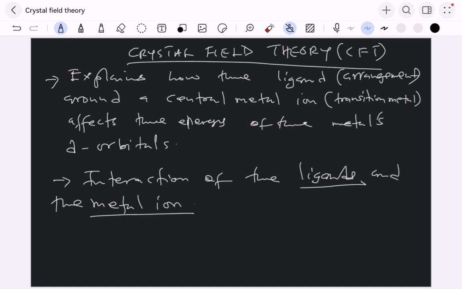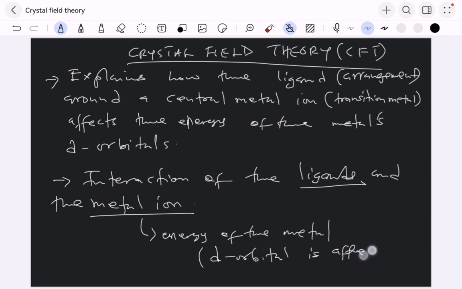Now, this interaction gives us more information about how the energy of the metal in terms of the d orbital is affected by this interaction. All this is happening in what we call coordination complexes.